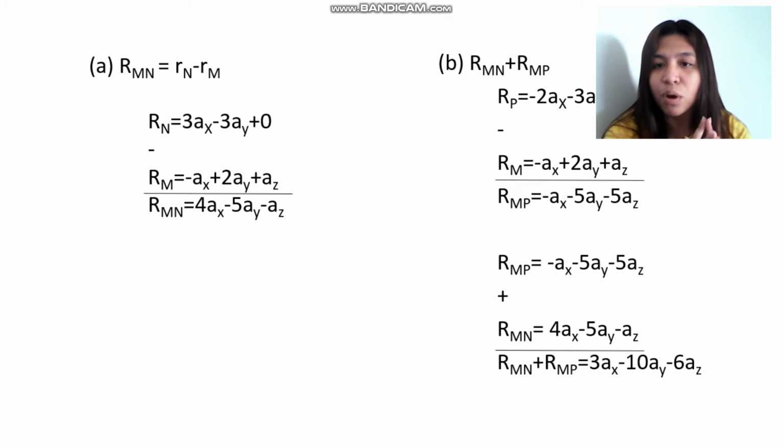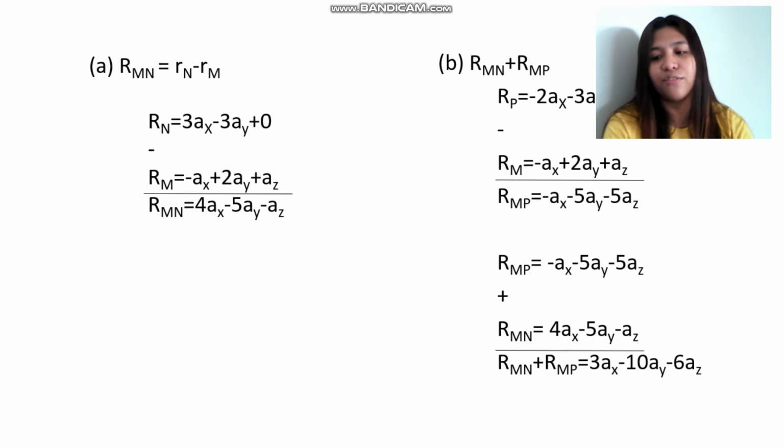But before that, para makuha natin yung RMP, i-minus natin yung RP tsaka yung RM, which is negative ax minus 5ay minus 5az. Punta na tayo dun sa last part for the letter D na RMN plus RMP is equals to 3ax minus 10ay and 6az. Nakuha natin yung points na 3, negative 10, and negative 6.